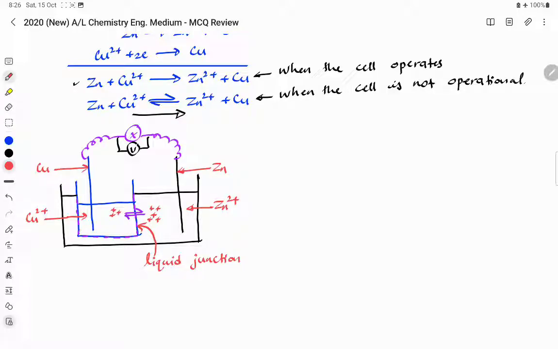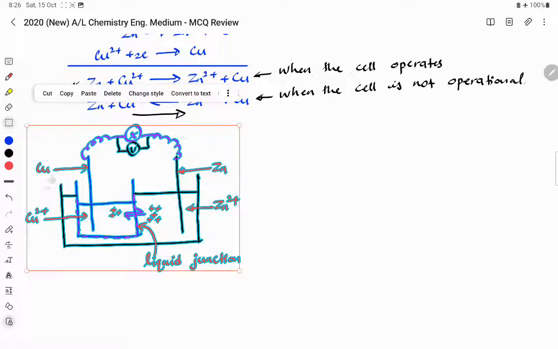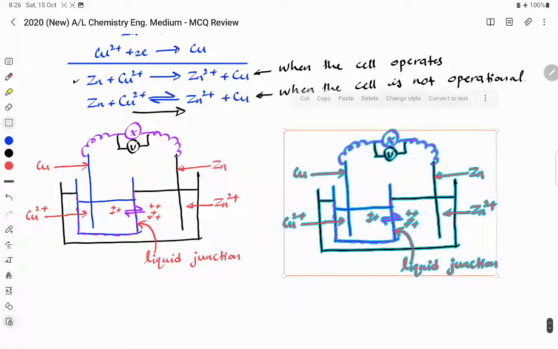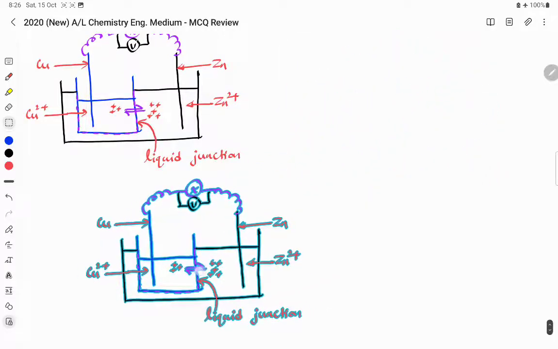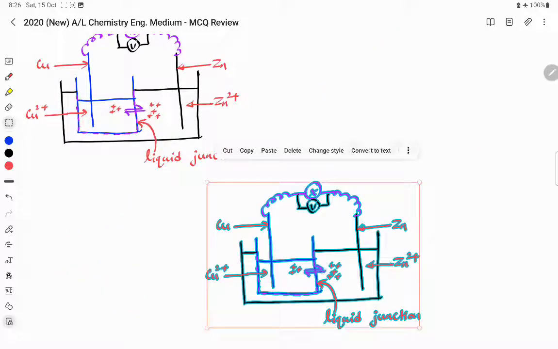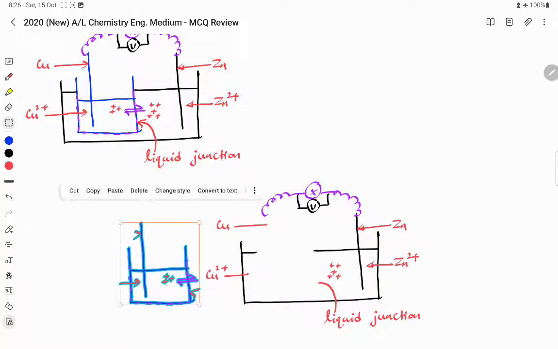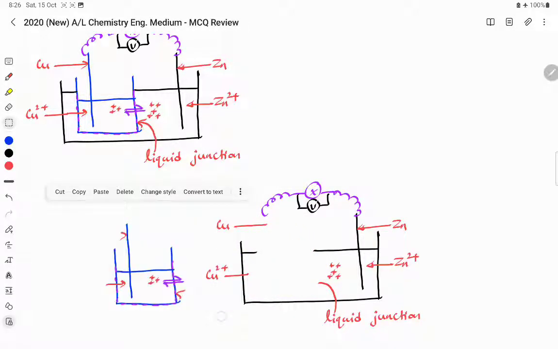So to prevent the liquid junction potential, we can do a thing like this. Let's copy that, paste here. We can take out the copper electrode from the solution. So there's no liquid junction there. This liquid junction disappears.